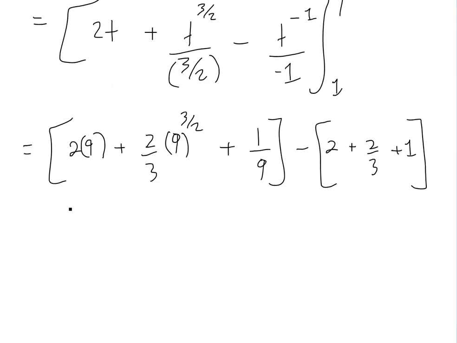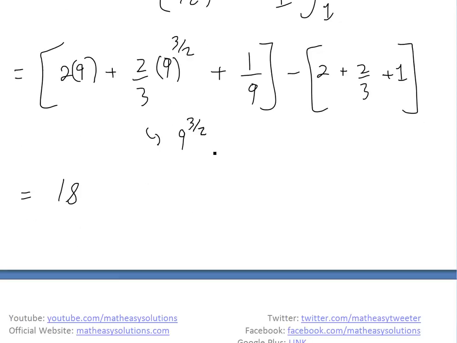So we get this one here, simplify this, we're going to get 18 in this one, plus this one here, well, you could write down this 9 to the power of 3 over 2. You could write this as 9 to the 1 over 2, to the power of 3, and because the square root of 9 is 3, it's just 3 to the power of 3, which is equal to 27 here.